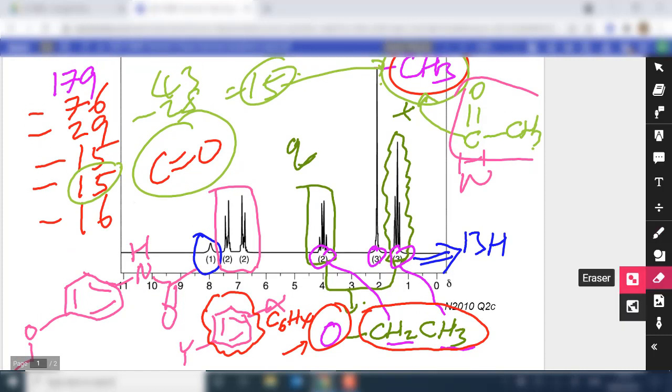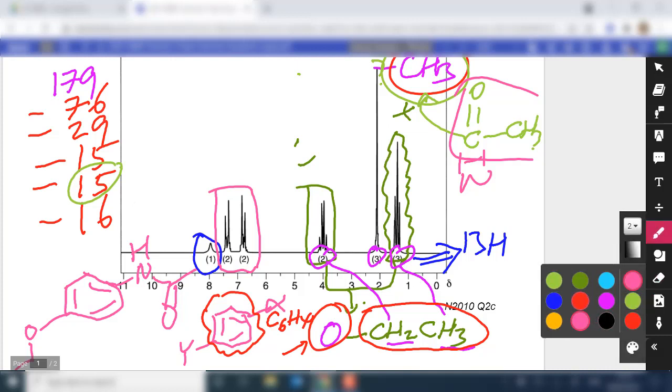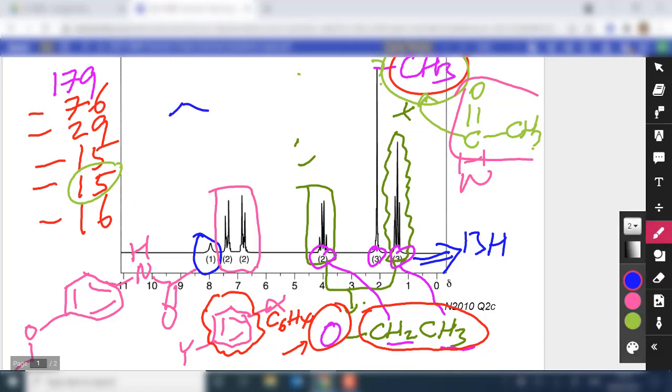Because in the course of marking, I think some of the students, let me just erase to get some space here, were thinking along something like this. You have an O ethyl, and then you have a carbonyl here, and then an NH like this.